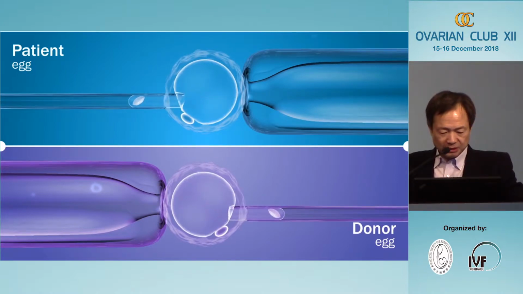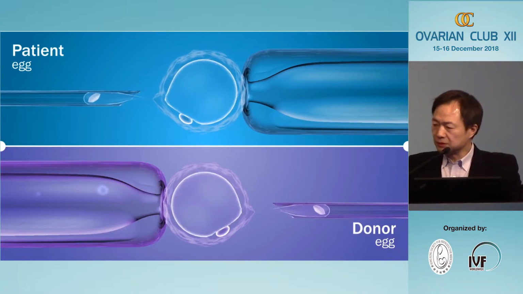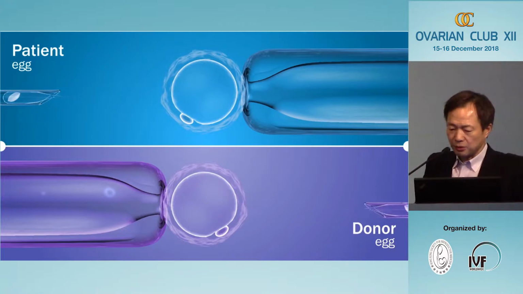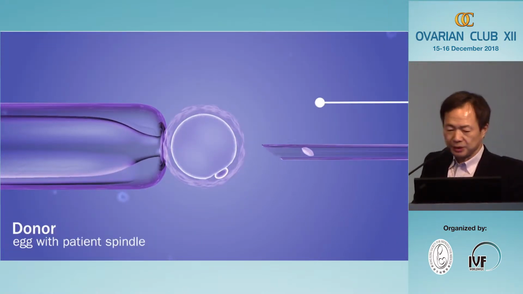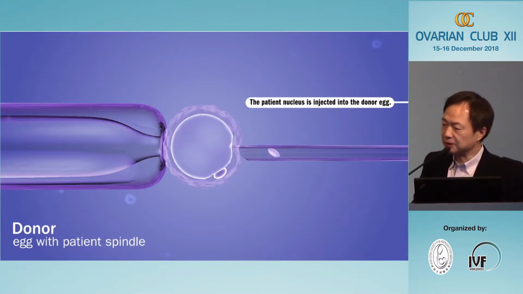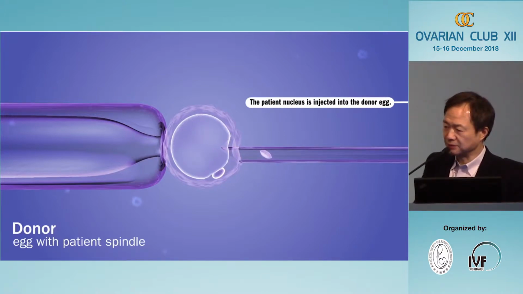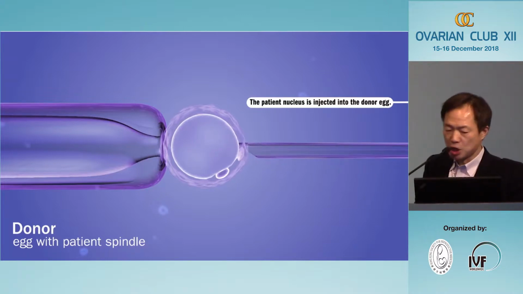There are many different techniques to remove the nucleus; you can use a sharp needle or a blunt needle. And this step we can see is the transfer of the nucleus into the perivitelline space.